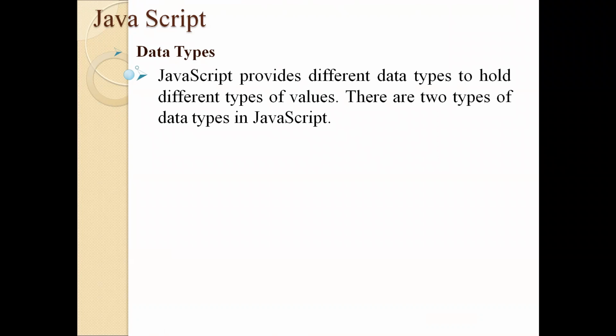JavaScript provides different types to hold different types of values. It is similar to all the other programming languages, which also have different data types. Each and every data type can store only some values.